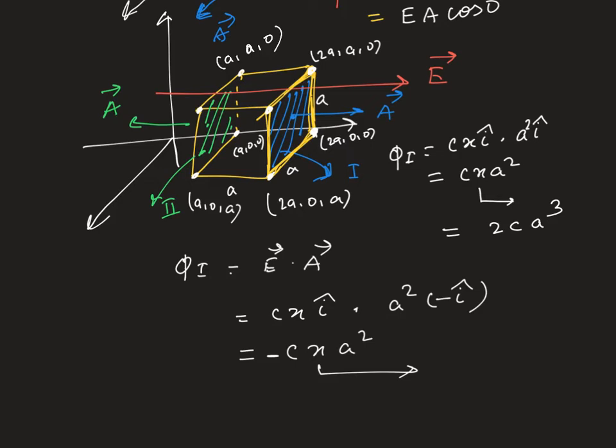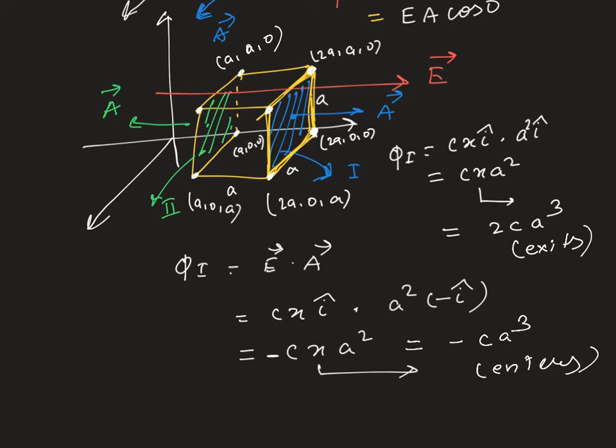So you will see the x values of all 4 points is going to be a, and if the x values of all 4 points is going to be a, the flux is going to be minus Ca cube. And what does negative flux mean? Negative flux means the flux that enters. And what does positive flux mean? Positive flux means the flux that exits.